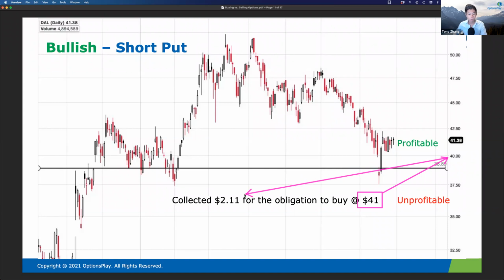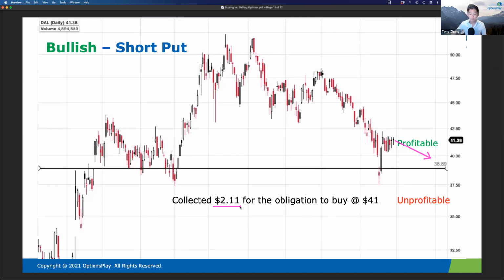But you were paid $2.11 to get into the transaction. So if you lose $1 but got paid $2.11 to enter it, you're still net up $1.11. That's why even if the trade goes against you, you have a $2.11 buffer against that move.